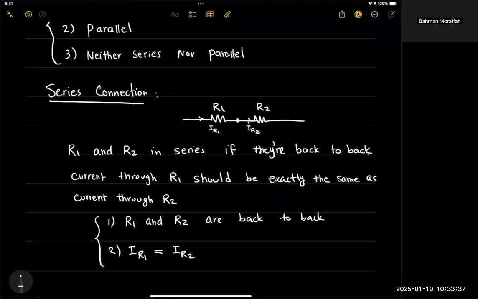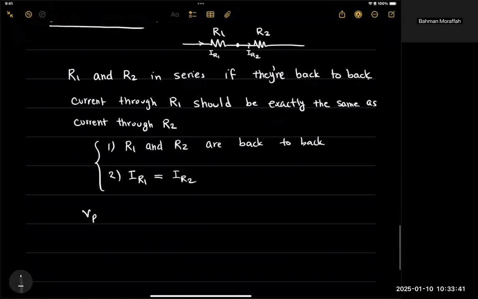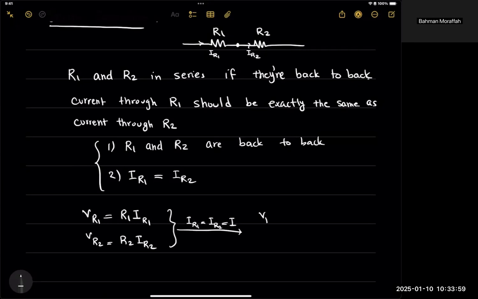As a matter of fact, voltage across R1 and R2 are proportional to the value of R1 and R2, and we can simply compute it. Voltage across R1 is R1 times I of R1. V across R2 is R2 times I of R2. Since I of R1 is exactly the same as I of R2, let's just call them I. V of R1 is going to be R1I, and V of R2 is going to be R2I.